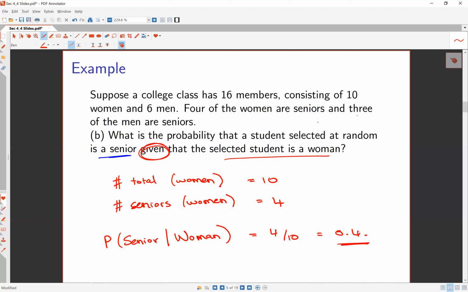In the second example, we are being given information about the gender, but that changes the outcomes that are possible. There are no longer 16 possible students we can choose from. There are only 10 possible students that satisfy this additional criterion. And there are only 4 of them that are seniors, as opposed to looking at the total number of seniors in the class.